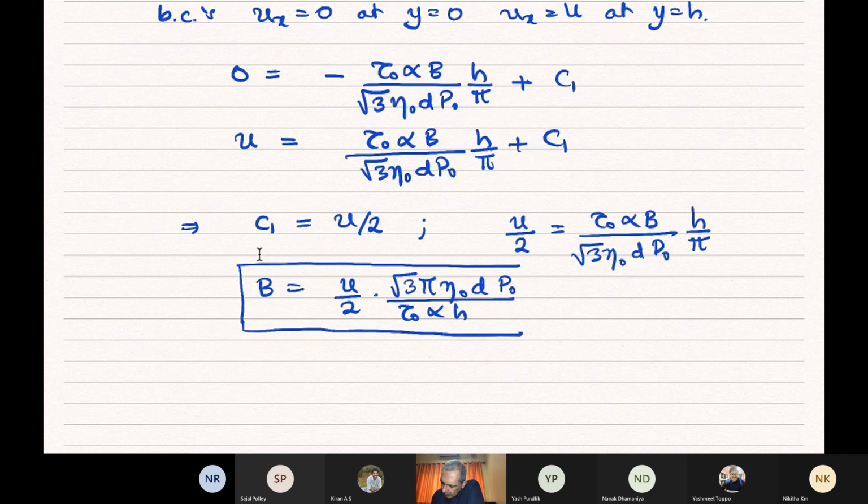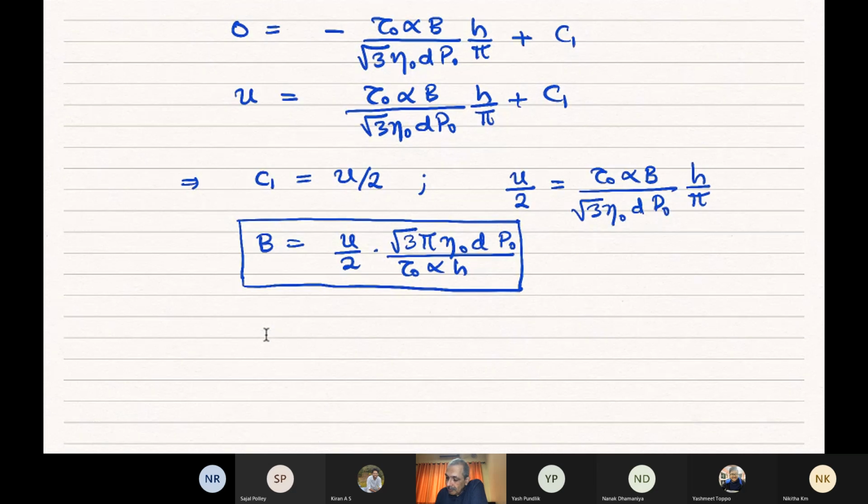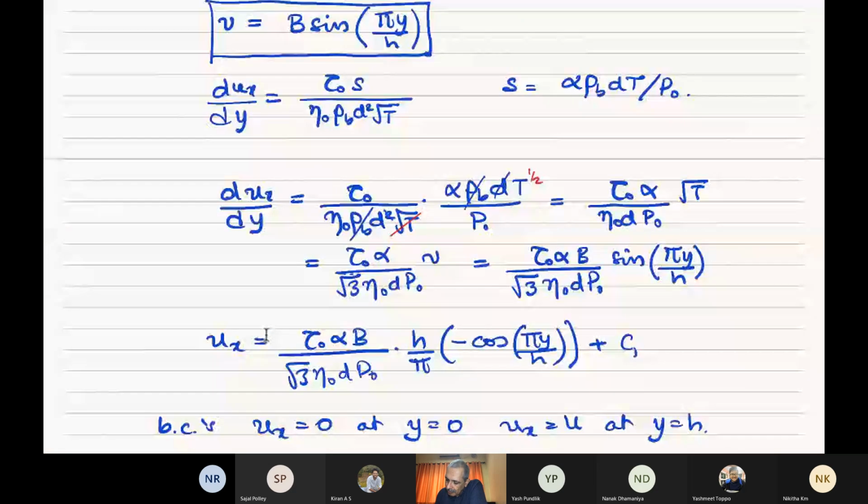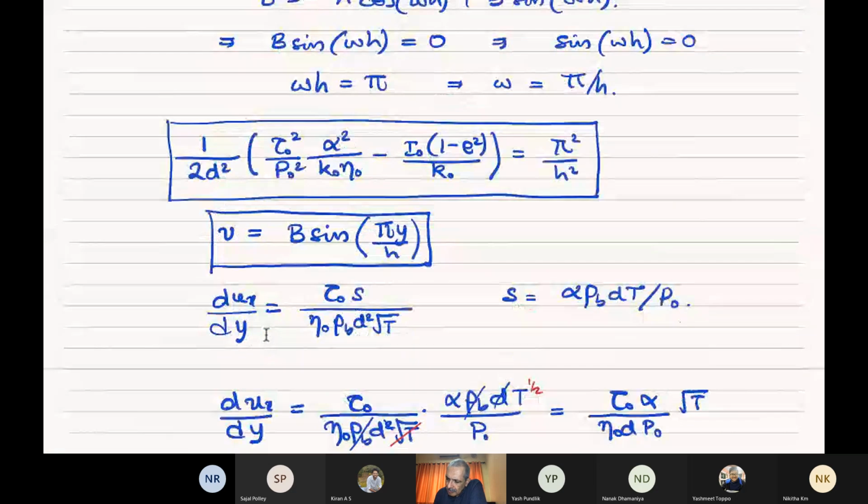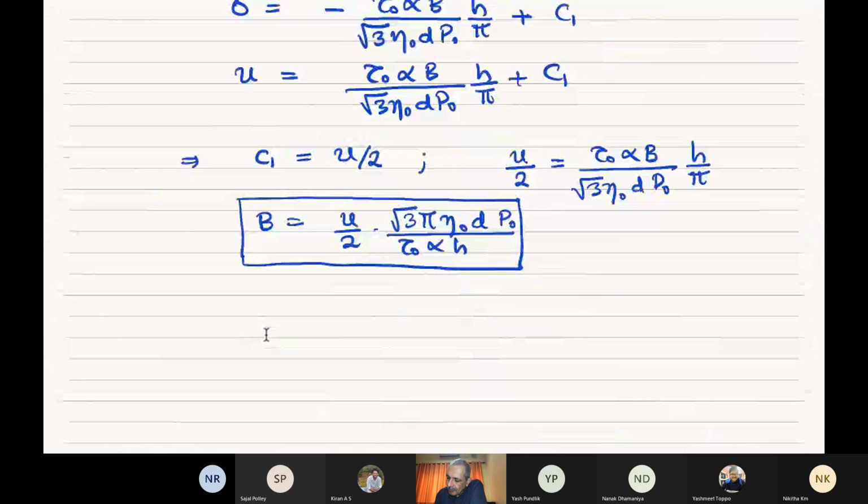So this is what v is equal to. And I'll just give you one more equation, and that is that you can actually relate tau 0 and p0. So I have an equation now here in which, see, this equation relates tau 0 by p0 to all the other variables, including the height h.